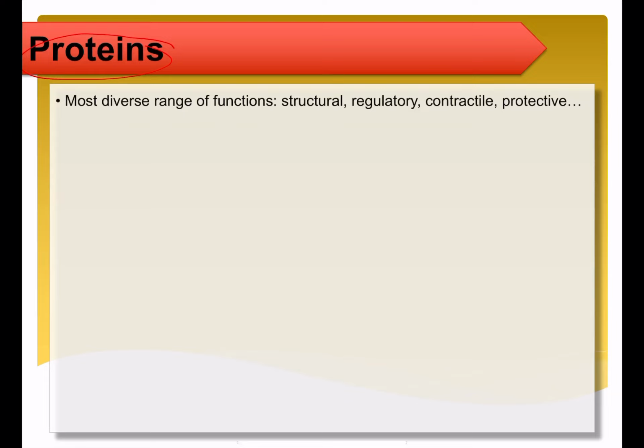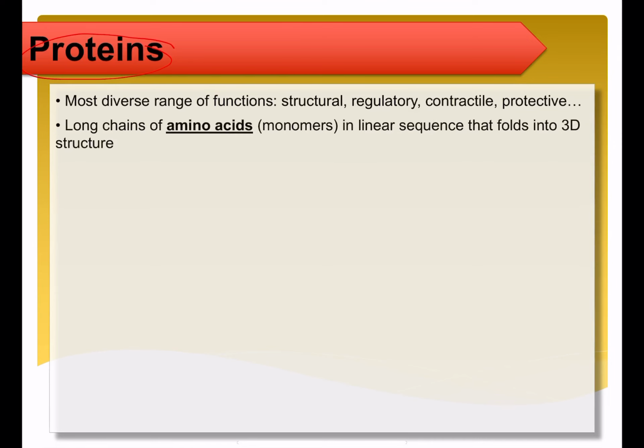There are also proteins for enzymatic reactions that allow for production of many different things in our body, like ATP in the process of cellular respiration that we will talk about later in chapter 7. Okay, there are just many different types of proteins that have different functions in the body. The possibilities are just endless.